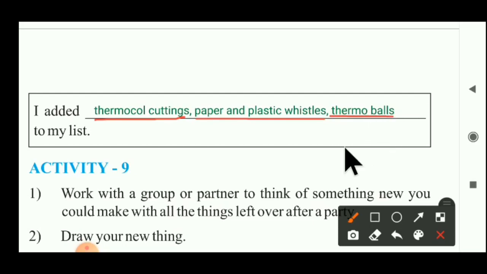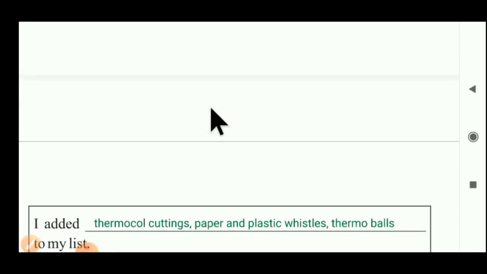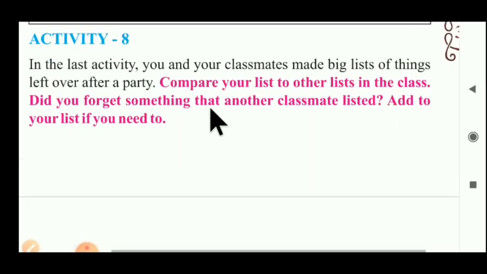So add those things to the list we made in activity number 7. I added thermocol cuttings, paper and plastic whistles, and thermo balls to my list. Can you understand, students? So here our activity number 8 is also over. We completed activities number 6, 7 and 8. The remaining activities we will do in our next videos.